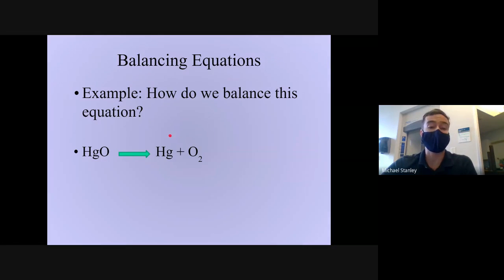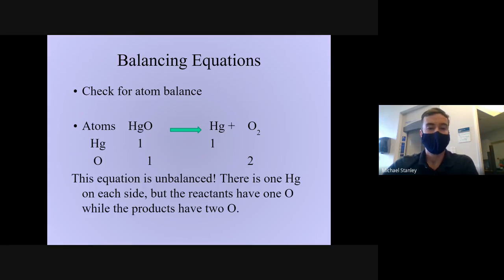So we have to make sure that we have the same numbers of Hg's and the same numbers of O's on either side of the equation. So initially what I like to do is write out the different atoms that we have. In this case, we have Hg mercury atoms and O oxygen atoms on either side.